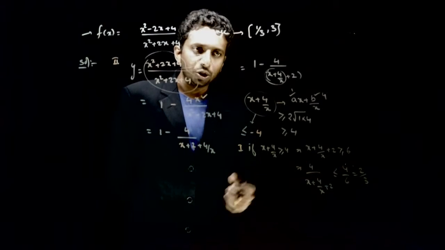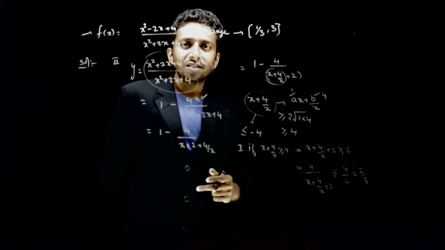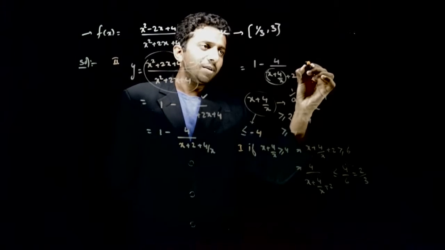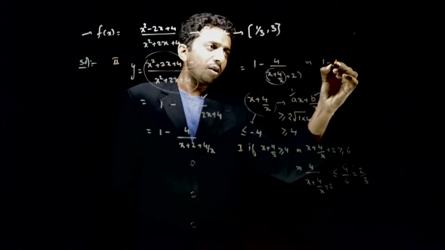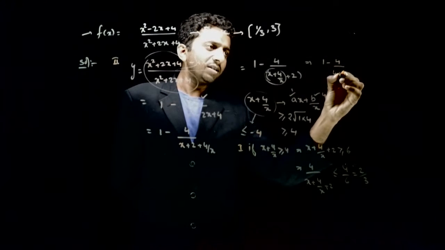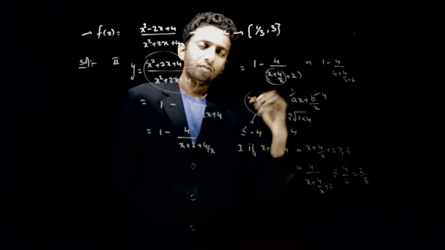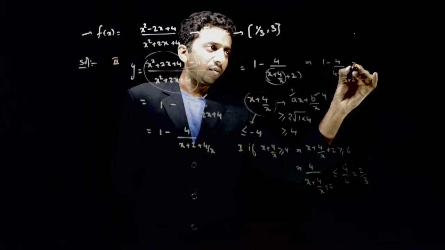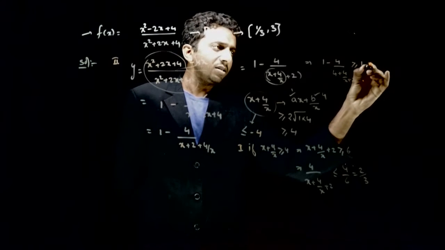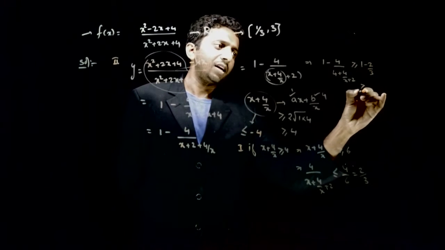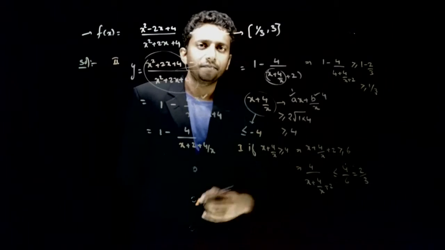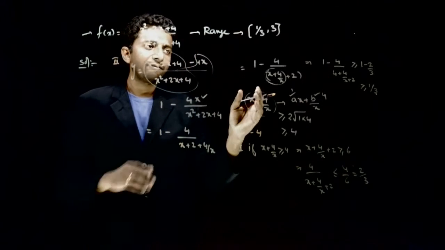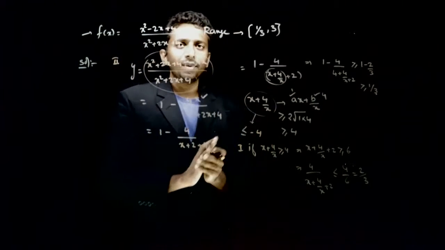So ये 2 by 3 से छोटा होगा. So 1 से 2 by 3 से छोटा माइनस किया तो this implies 1 minus of 4 by x plus 4 by x plus 2 is always greater than or equal to 1 minus 2 by 3. That is greater than or equal to 1 by 3 हो जाएगा. इसका मतलब ये वाला फंक्शन जो है हर बार 1 by 3 से बड़ा होगा.